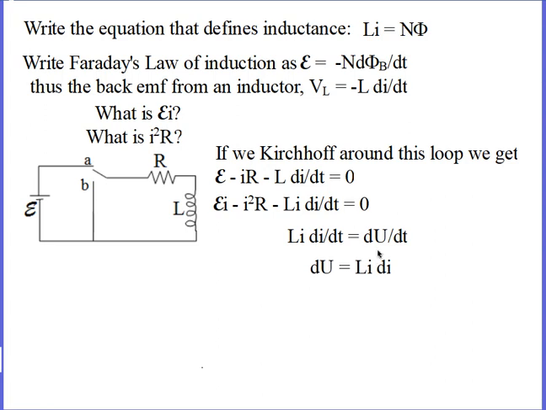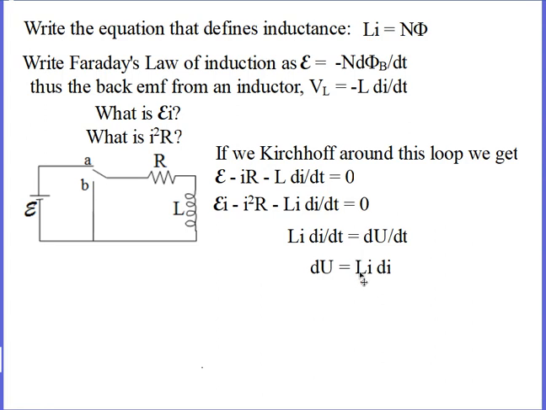I changed the order. I brought the dU over here and the L I dI over here. L I dI. Now I will integrate both sides of this, so I'll get potential energy here. But when I integrate this, remember that inductance is not a function of the current.